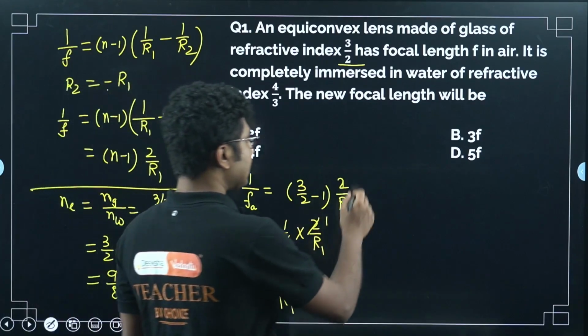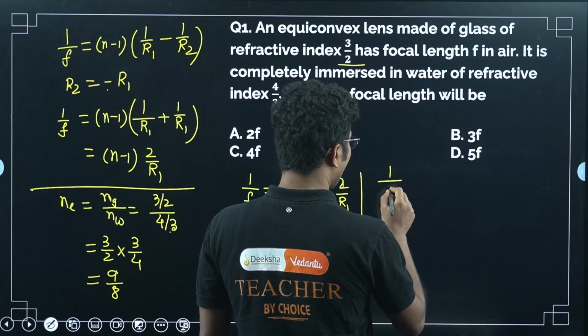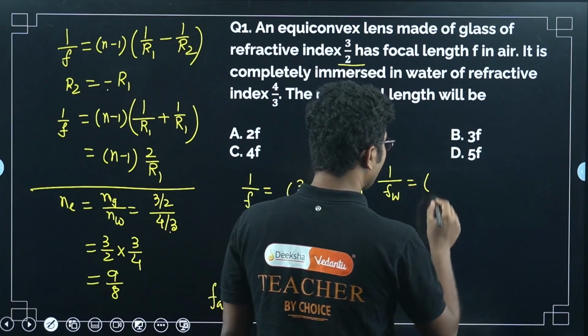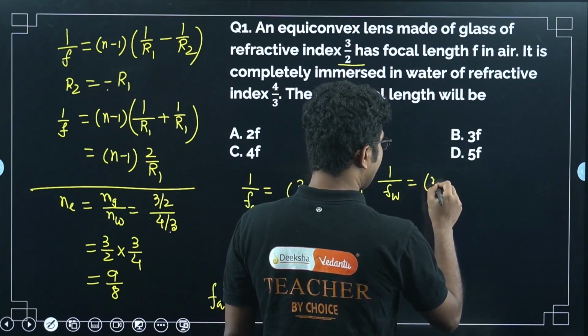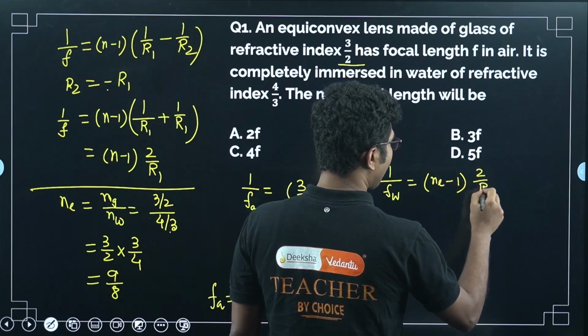Now, the focal length in water, say f w, again the formula will be the same: (n effective minus 1) times 2 by r1.